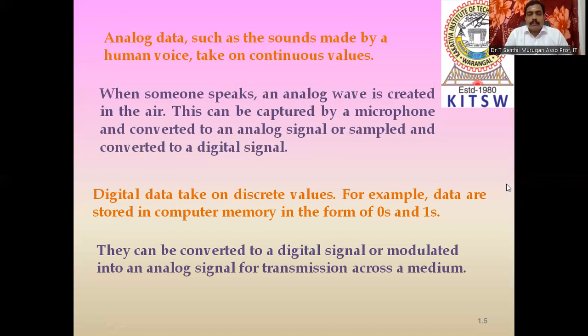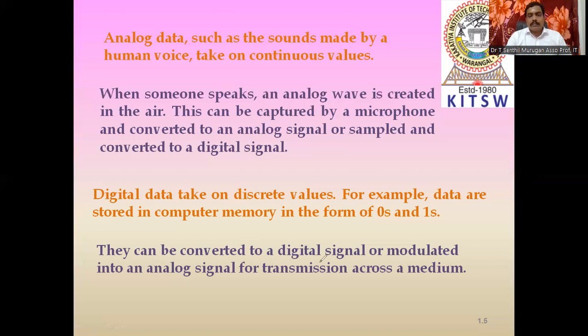Digital data. We already discussed that digital data means discrete values. For example, data are stored in the computer memory in zeros and ones. Whatever I'm talking, that will be stored in the computer. How is it stored? The signal will be converted into the binary form that is stored in the computer.